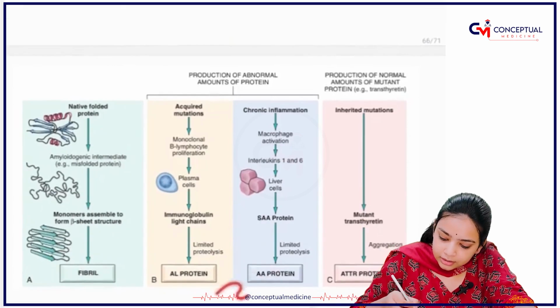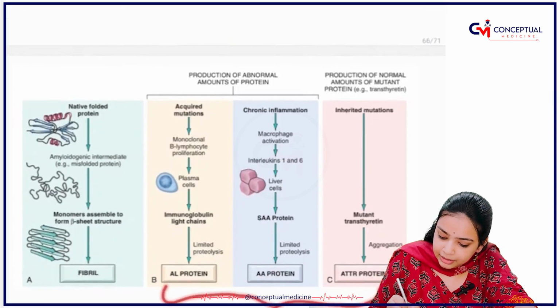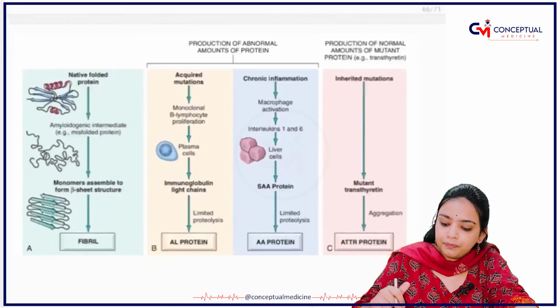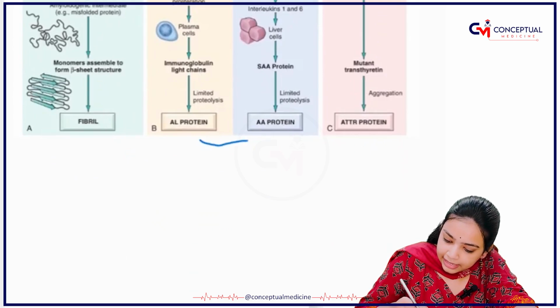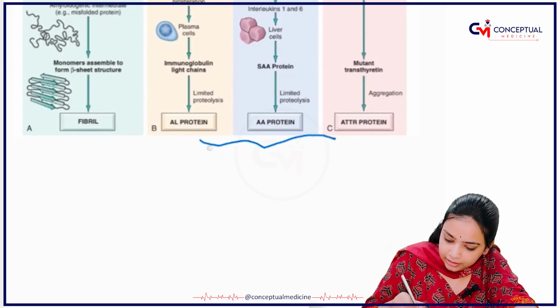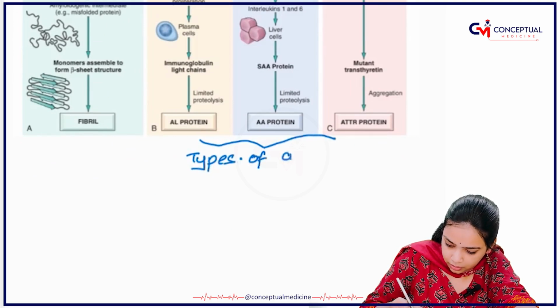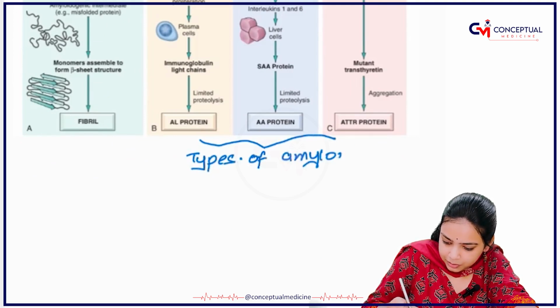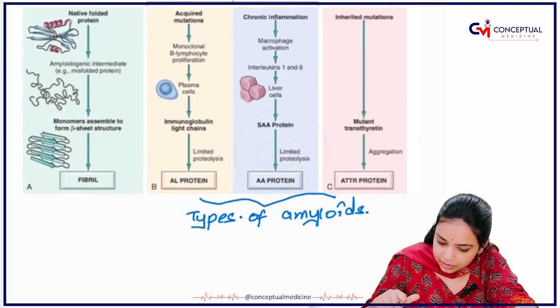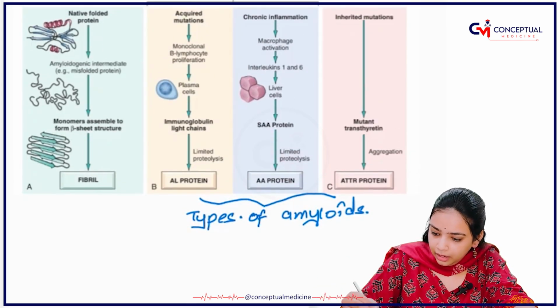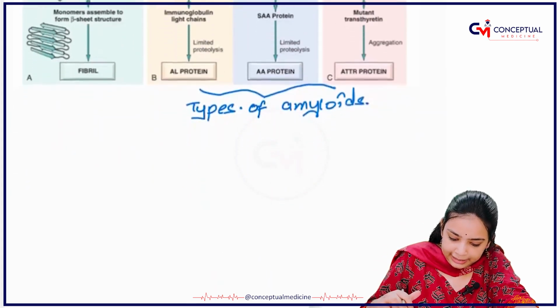These AL, AA and ATTR are the types of amyloids, and now we will look into the types in detail.